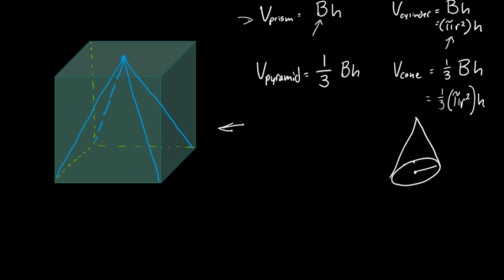The prism and the pyramids stay a general formula with the area of the base because I don't know my base shape, whereas for a cylinder and a cone, we can get more specific and put in the pi r squared. So I'm going to walk through example 1 at the bottom of page 829.